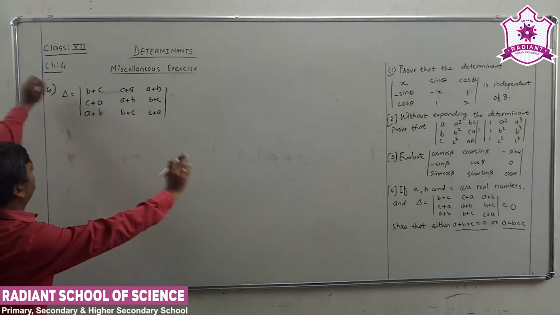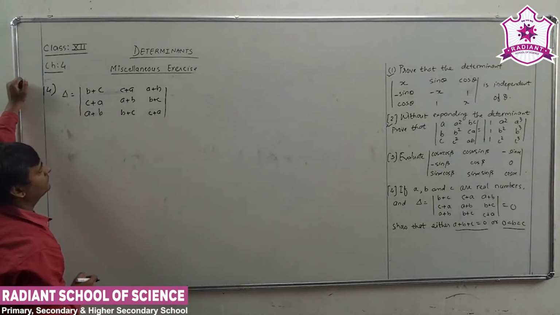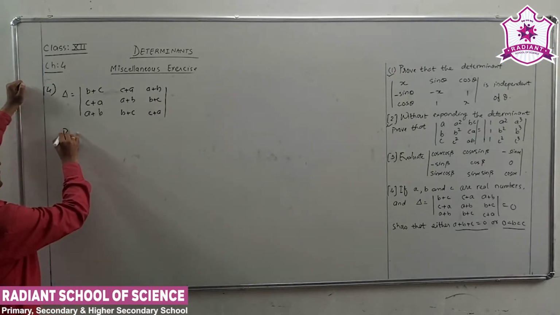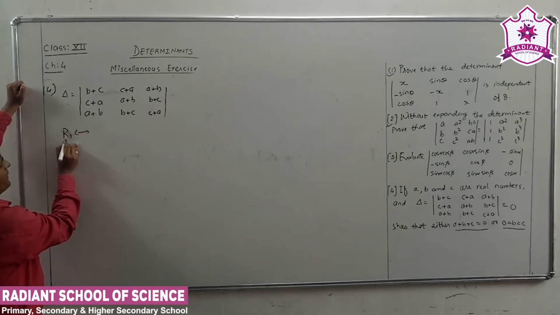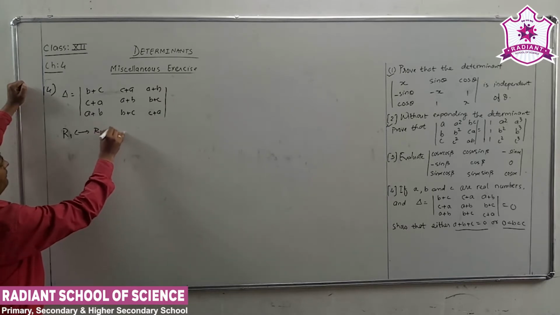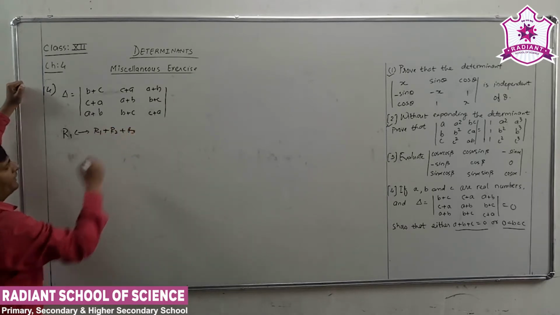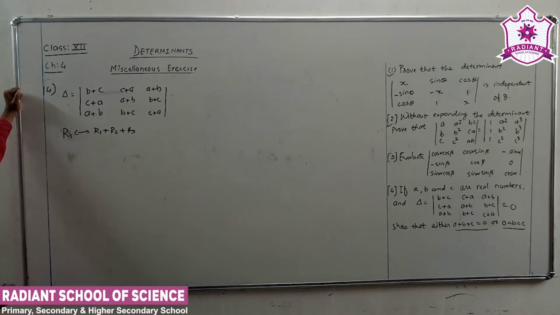Understand? Now the first step is so simple. Which operation on R1? R1 plus R2 plus R3, I think. So we add this.